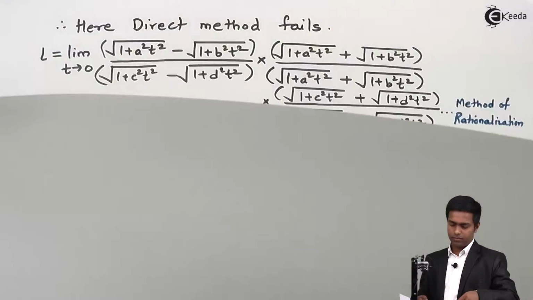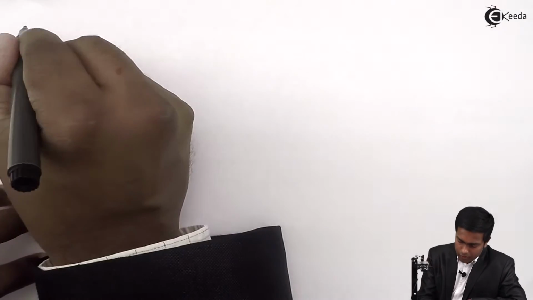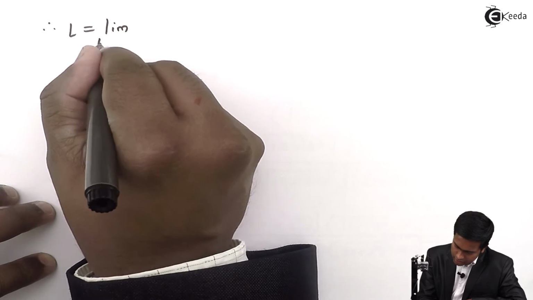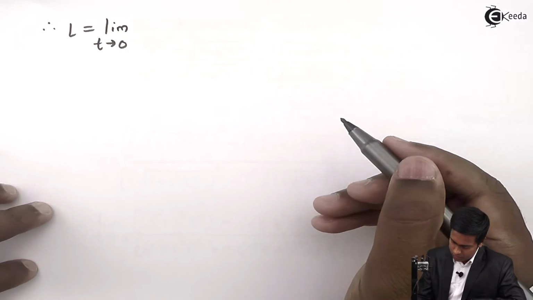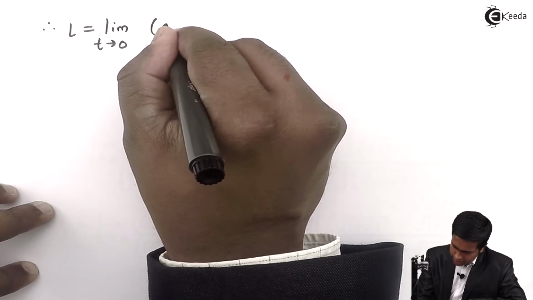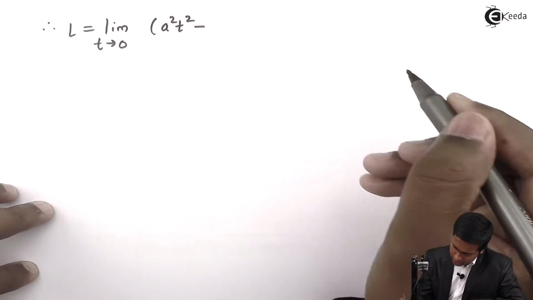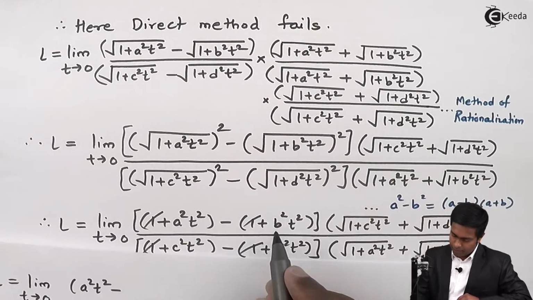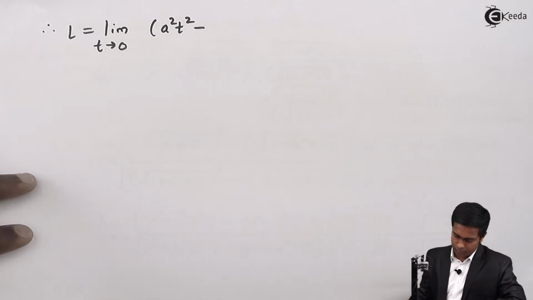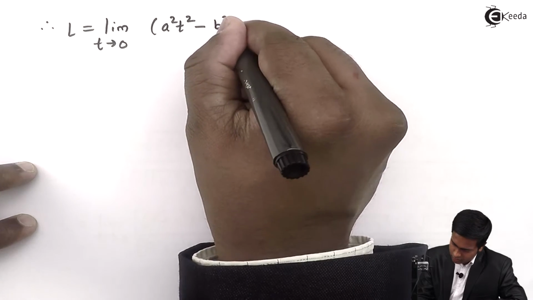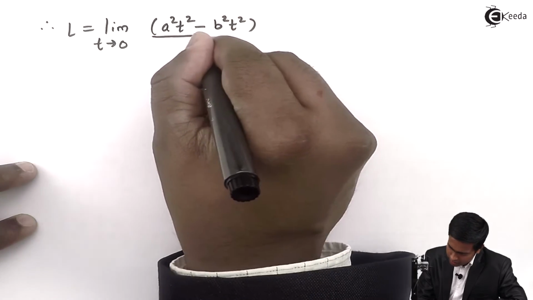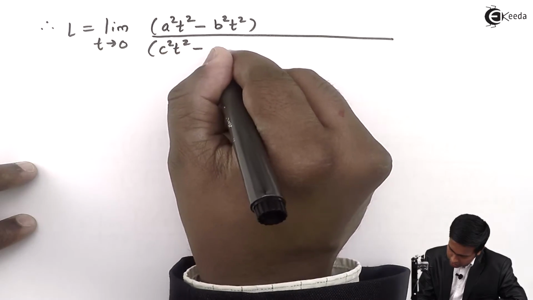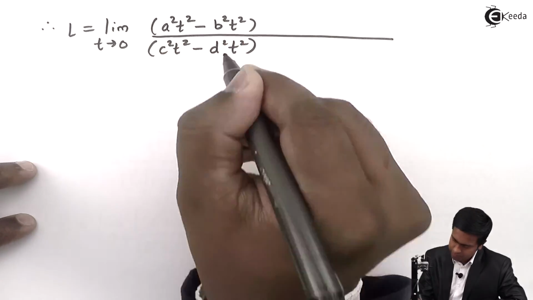So therefore L is equal to limit t tends to 0, a square t square minus b square t square. Similarly in the denominator we will get c square t square minus d square t square.